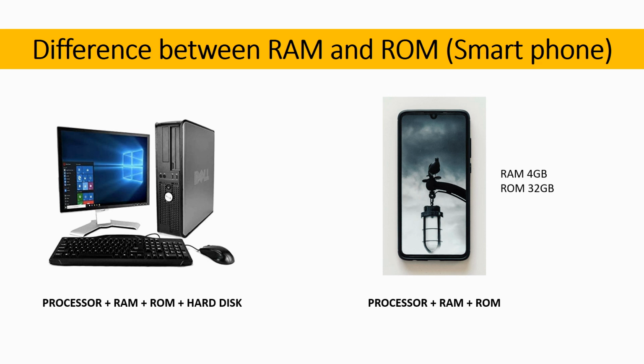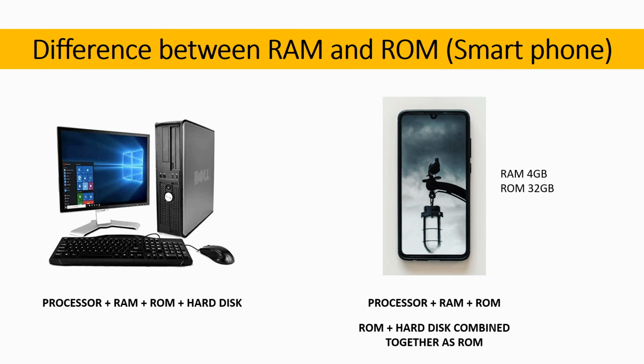So what they have done is the ROM and the hard disk are one and the same thing. The ROM plus hard disk are combined together as a ROM. Understand it. So over there the ROM is a hard disk also, and a very small part of it does the work of a ROM, and the rest of the ROM is actually your hard disk.